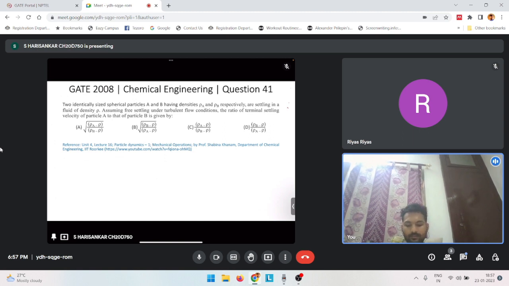So in this question, they have said that two identically sized spherical particles, A and B, having densities rho A and rho B, are settling in a fluid having a density rho.